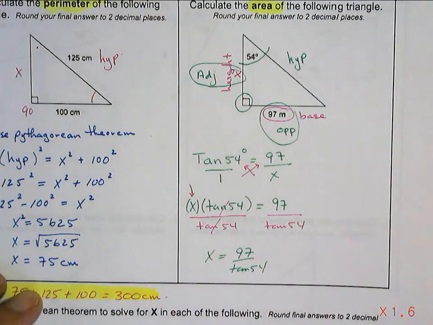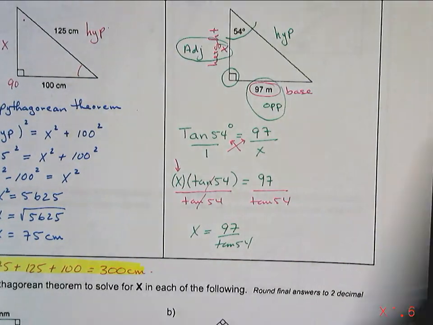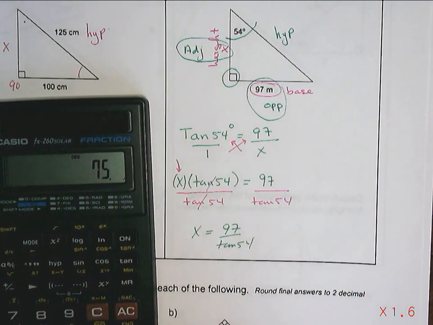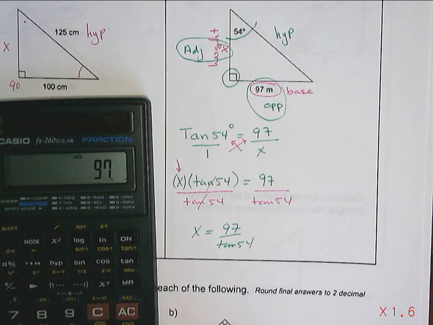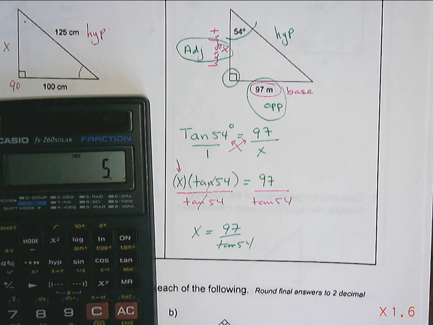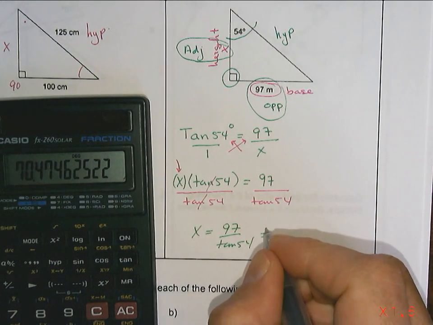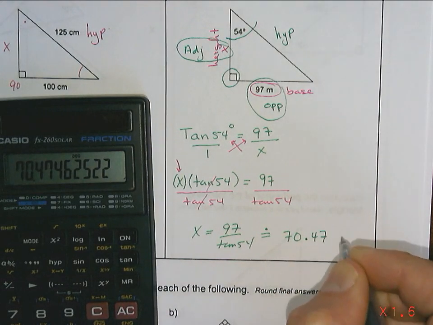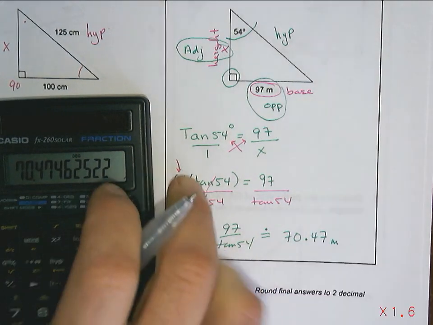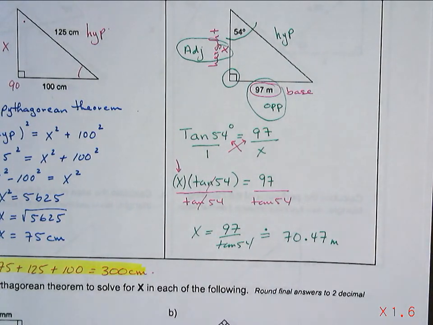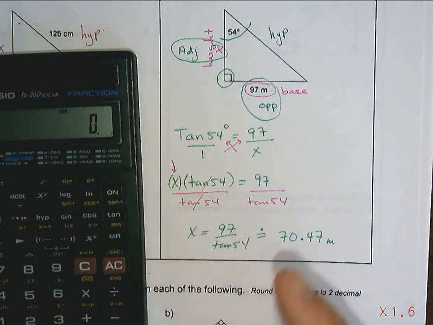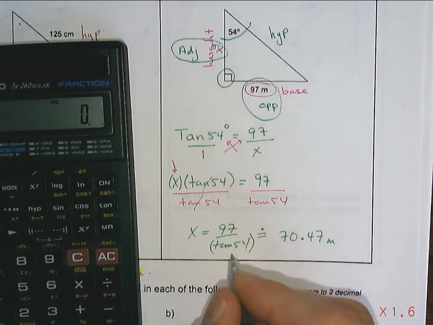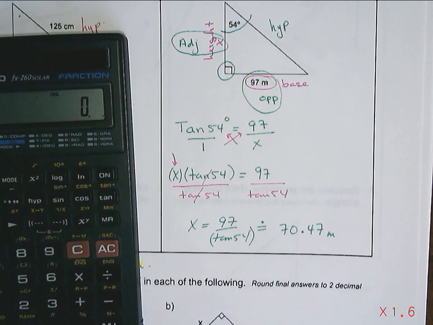Now you got to be careful when you use your calculator. You got to get it all in the right order. So 97 divided by tan 54 equals, you may have to hit equals, and you should get an answer of 70.47 meters. Be careful. It actually has to be divided by tan of 54, which is a number.